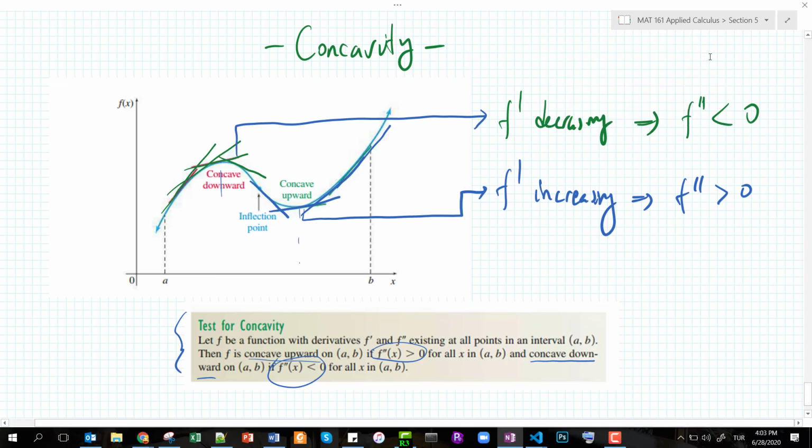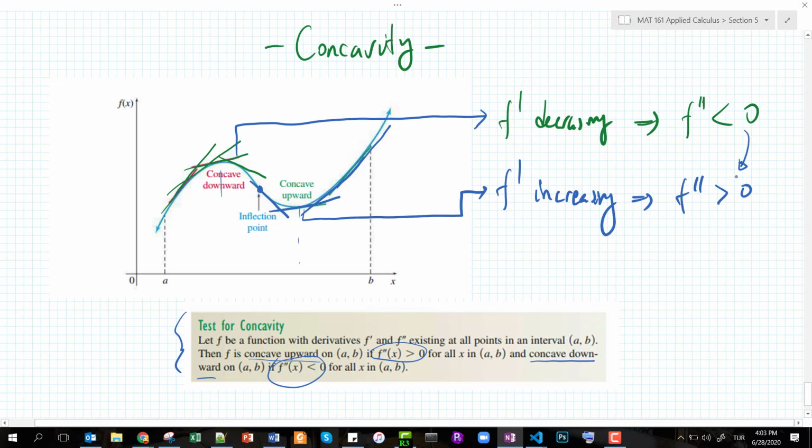Before starting the example, you need to consider this point as well, which we will call the inflection point. As you see, these are the points where your function's second derivative passes from negative to positive. If you have such a point, that's going to be called the inflection point.